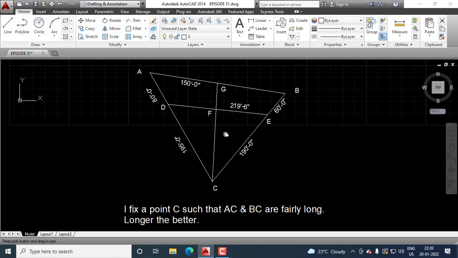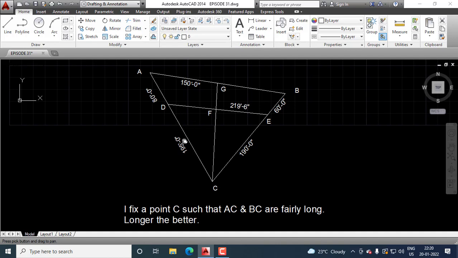After that, we calculate angle EDC. We know EC, we know ED, we know CD. We know all these three sides, so we can calculate this angle. And we know this side, we know this side, and we know this side, so we can calculate this angle ACG.